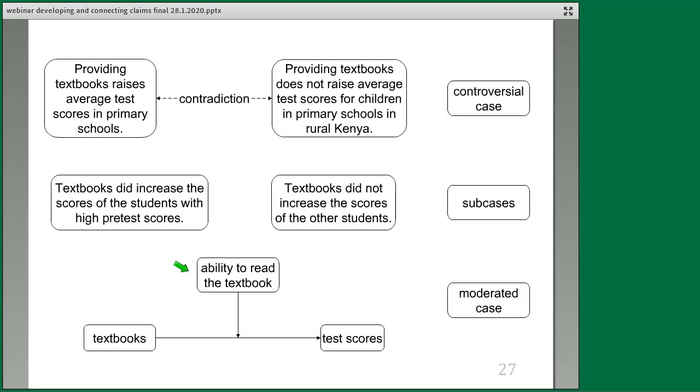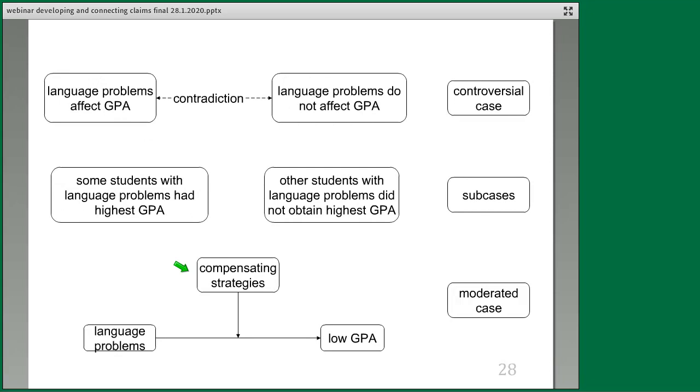Okay, then I will continue to the next slide. The same applies to the language problem case, because at the beginning it's important that there is this contradiction, and the question: do language problems affect GPA or do they not affect GPA? Lee and Green found that in their study, language problems did not affect GPA.